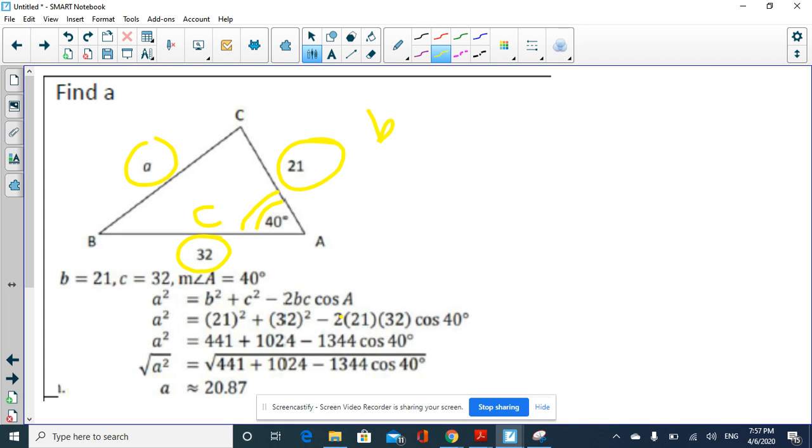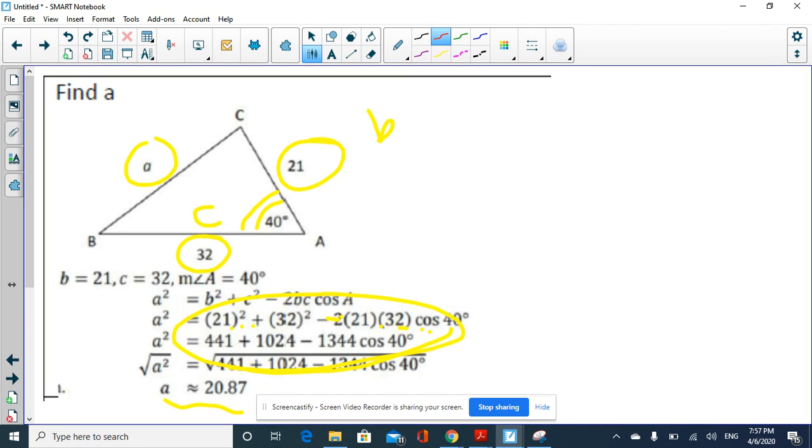21 squared is 441. 32 squared is 1024, and 2 times 21 times 32 is 1344 times cosine 40. Find this value and take the square root. You will find the length of a.